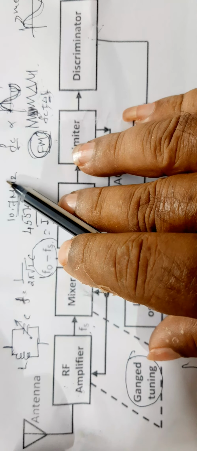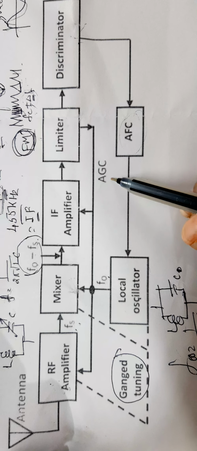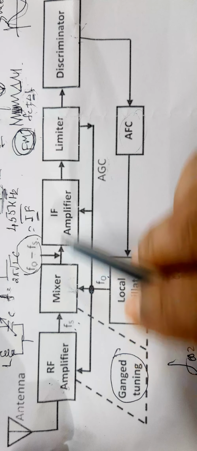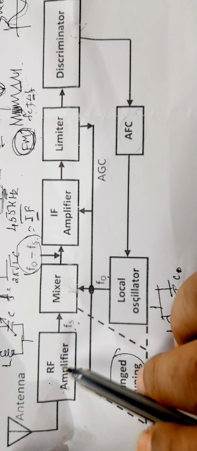This is for FM. And one more important thing in this is AGC, automatic gain control. In each stage, when you apply input, the output is gained, because this is an amplifier circuit.